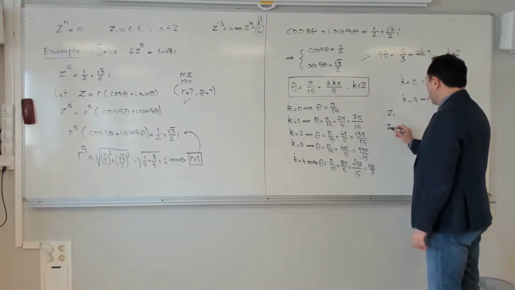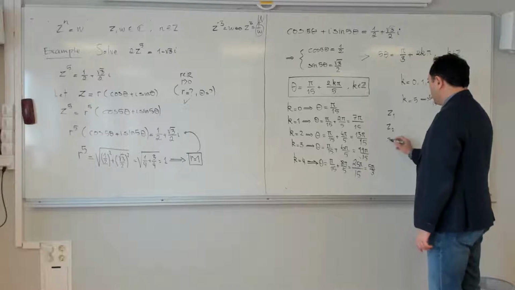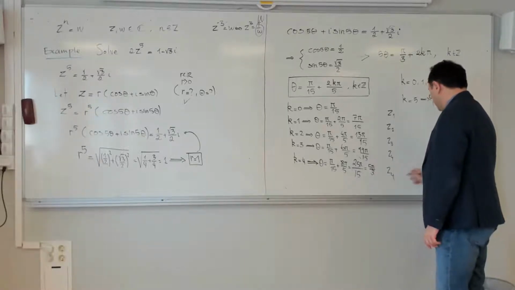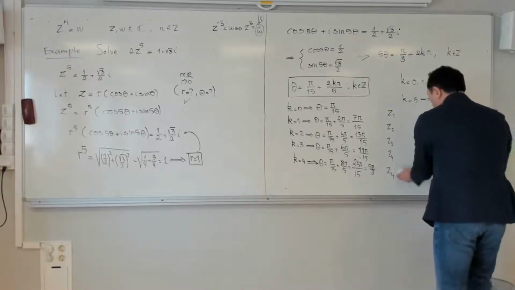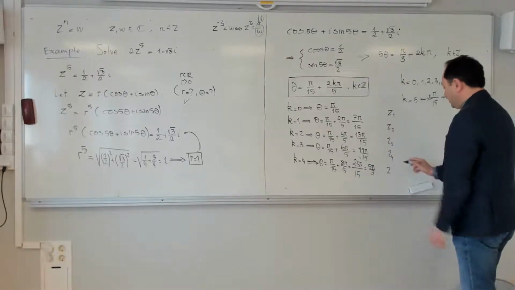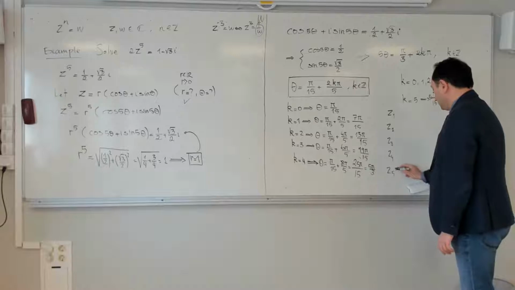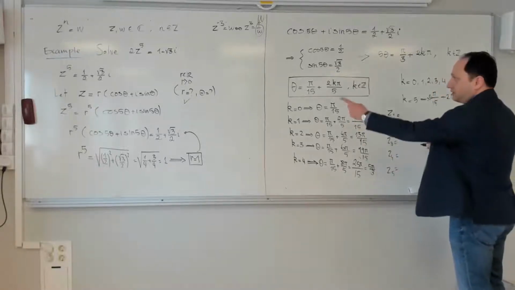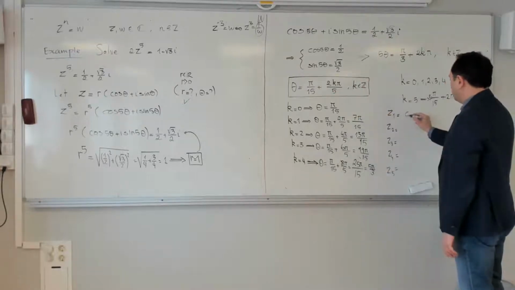How many roots do I have? 5. z1, z2, z3, z4, and z5. So these are 5 possible answers for that simple equation. Okay, let me write one or two of them. So r was 1, so I don't need to bother about that.